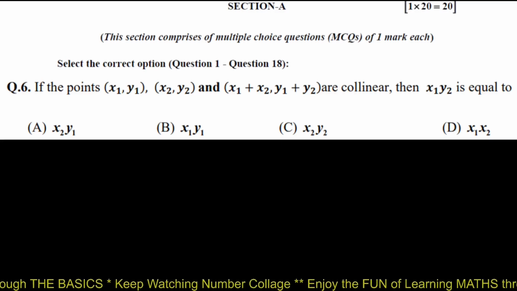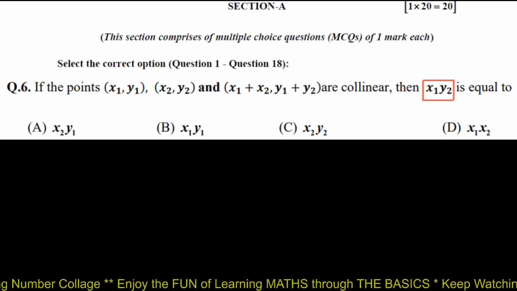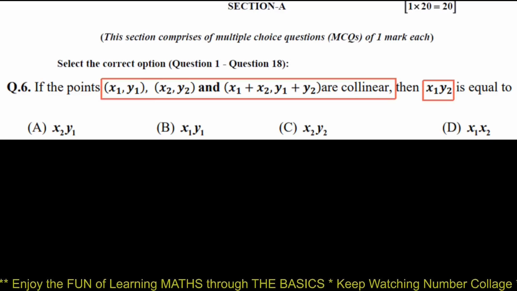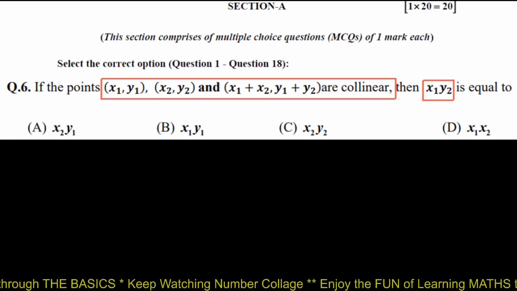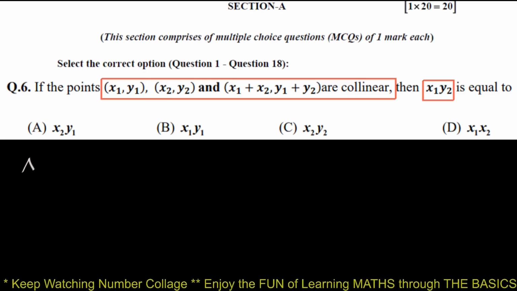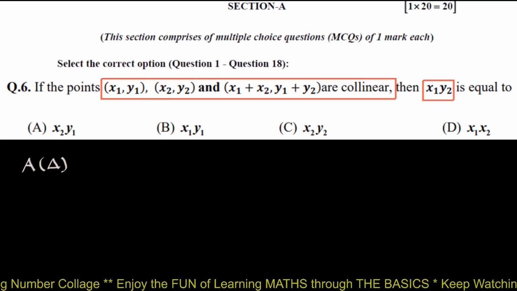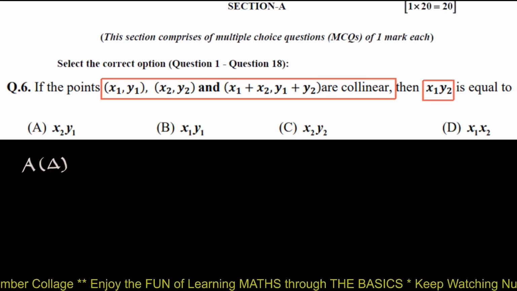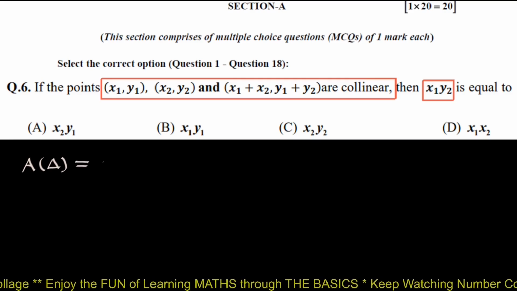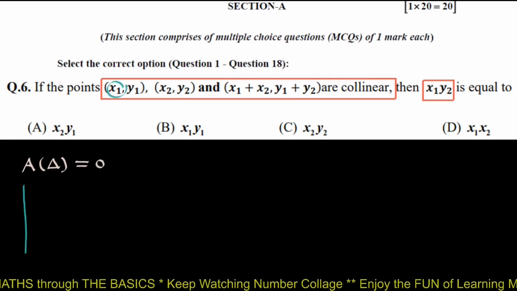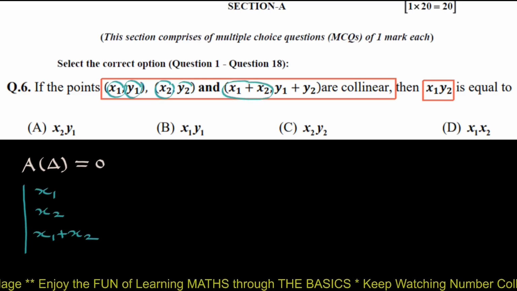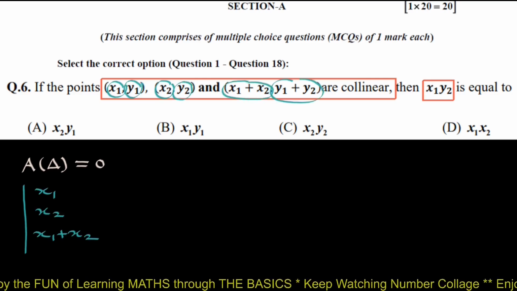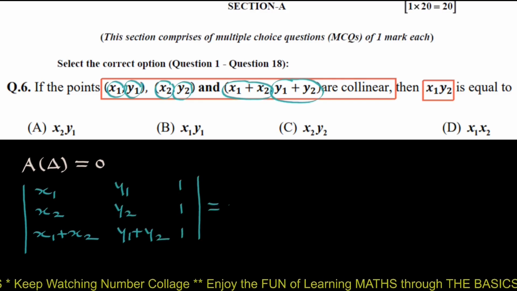We have to find x1 by 2 if the points given here are collinear. If the points given here are collinear, then the area of the triangle formed by these 3 points as its vertices will be 0. So the determinant x1, x2 and x1 plus x2, y1, y2 and y1 plus y2, 1, 1, 1 is 0.